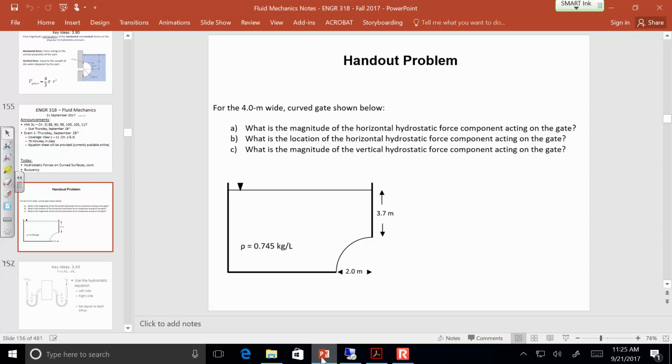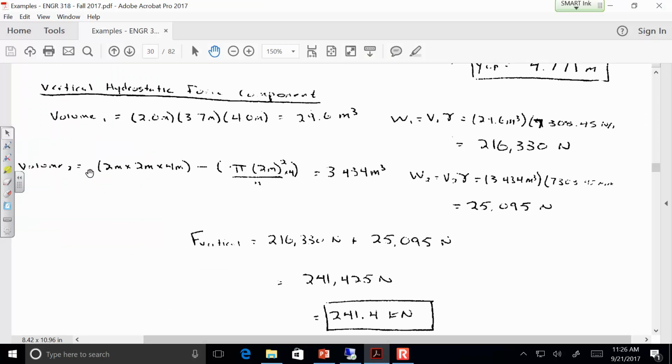And then I've got this sliver of water above the gate that is essentially a rectangle minus a quarter circle, and then that shape projected 4 meters into the page. The dimensions for that are what I was calculating here, where I said 2 by 2 by 4 minus pi r squared times 4 divided by 4.